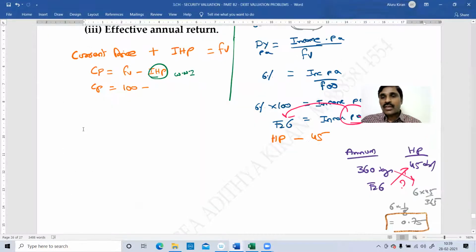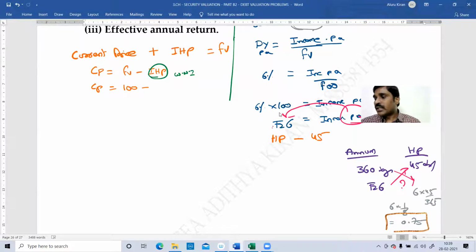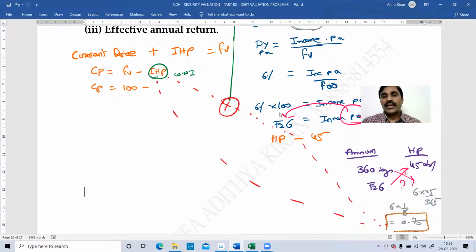Therefore, the income computed using the discount yield cannot be directly substituted in the formula, because that is per annum and this is for the holding period. Therefore, convert per annum income into holding period income, then substitute in the formula.